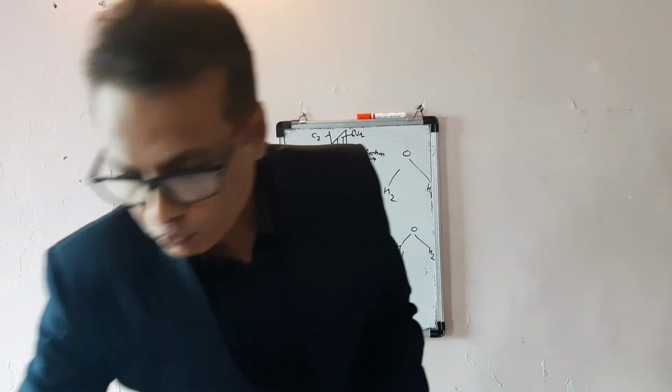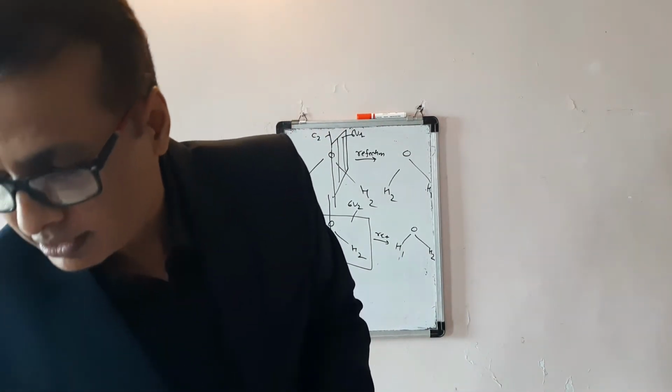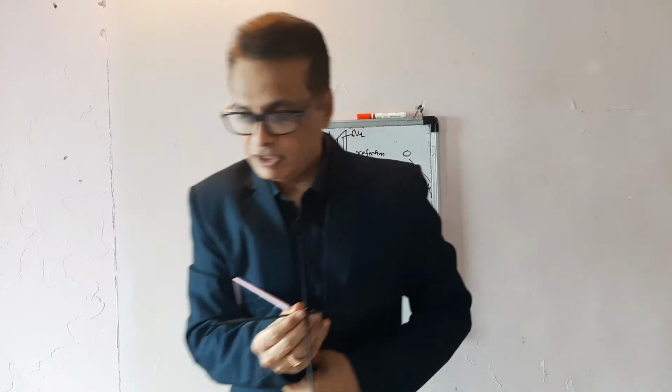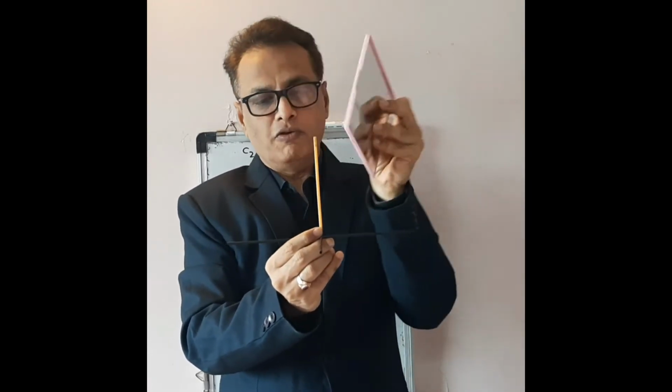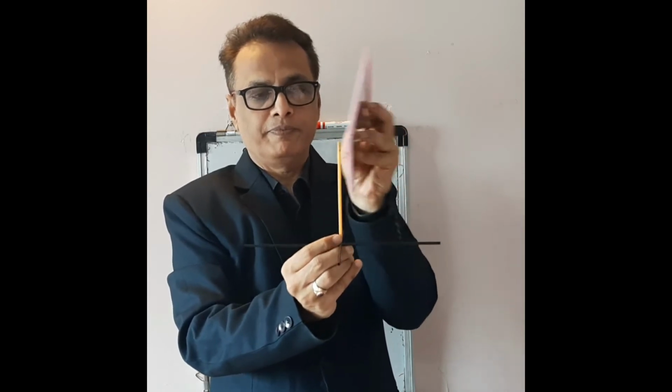Similarly, PtCl4 has four vertical planes. This is PtCl4. Platinum is placed here, Cl1, Cl2, Cl3 and Cl4. So this is the line which passes through platinum and is perpendicular to the PtCl4 plane. So this is our C4 axis. This is first vertical plane which also contains principal axis.